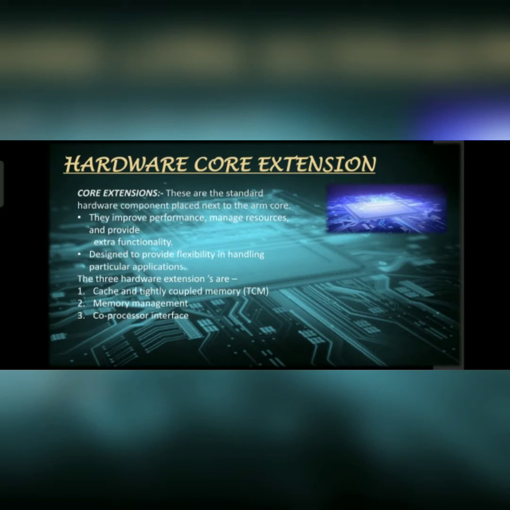They are designed to provide flexibility in handling particular tasks or applications. Suppose your main core is not able to do a particular task, then you add a function, and that function does the extra process placed next to the main core.